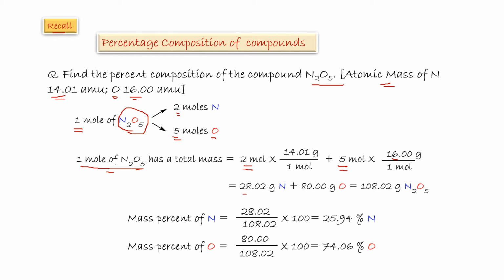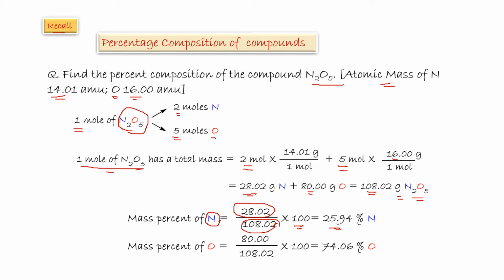For the nitrogen, the mass will be 28.02, and for the oxygen, 80, total of 108.02 grams N2O5. To get the percentage of nitrogen, it will be the mass of nitrogen divided by the total mass times 100. That gives 25.94% nitrogen.